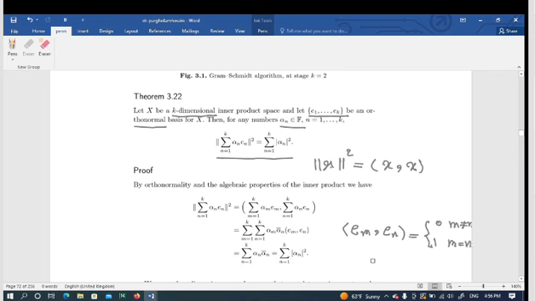So these two sums reduce to one sum where n and m are the same, and the other cases are 0. And in this case, alpha_n times alpha_n bar equals the absolute value of alpha_n to the power 2. So the proof is very easy, and it is obtained from this equation and the other equation.